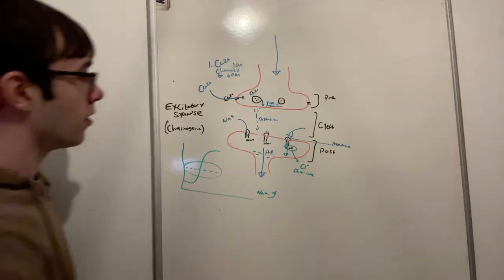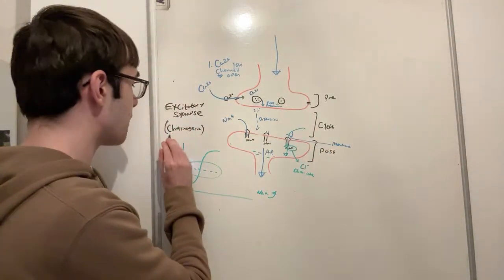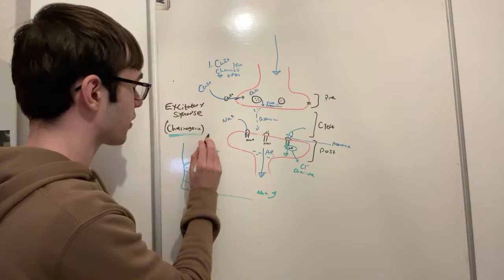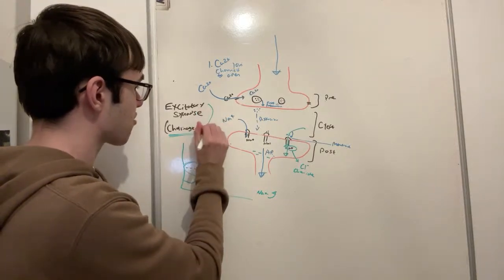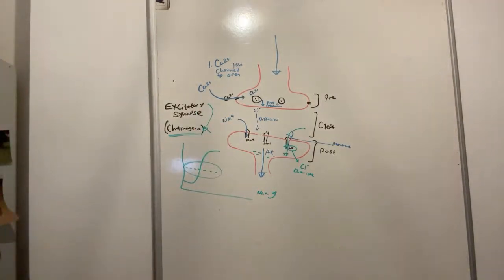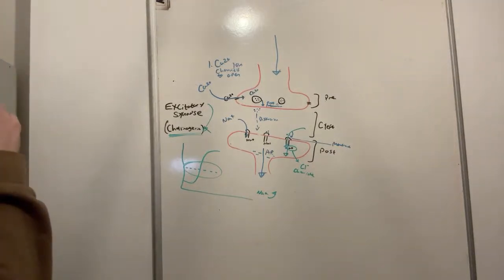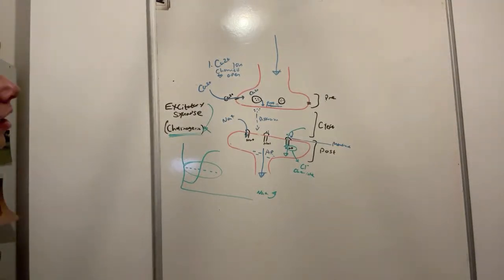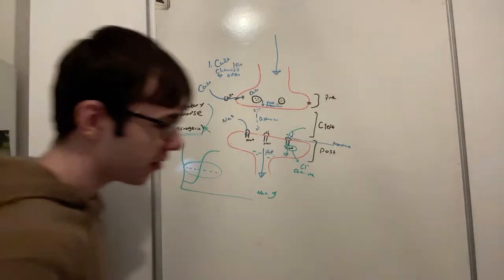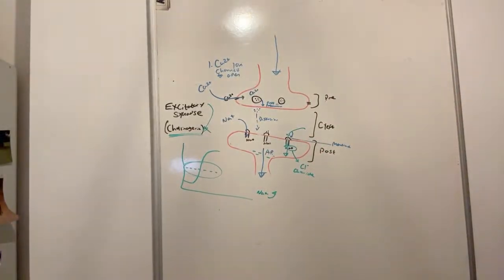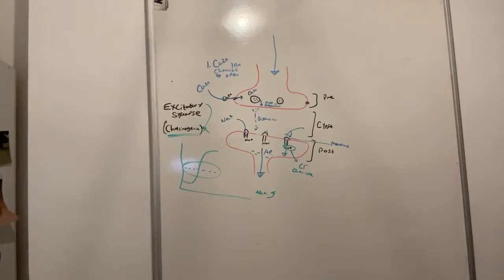Just remember the word cholinergic, because then you'll know from that it's excitatory. If it's non-cholinergic, then it must be inhibitory. I can't pronounce that word. Inhibitory. I don't know. It inhibits the action potential. I'm not crazy.